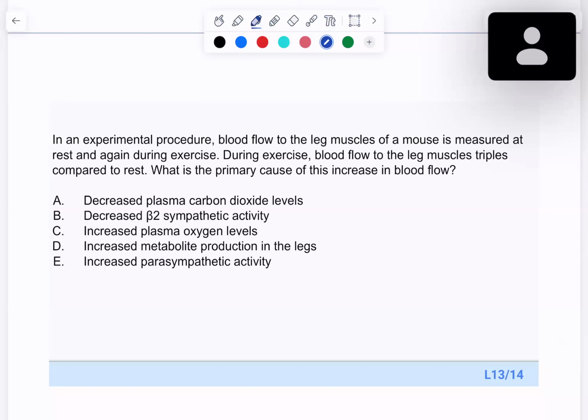Let's move on. So, in an experimental procedure, blood flow to the leg muscles of a mouse is measured at rest and again during exercise. And during exercise, blood flow to the leg muscles triples compared to rest. Why is blood flow increasing during exercise? What is the cause?